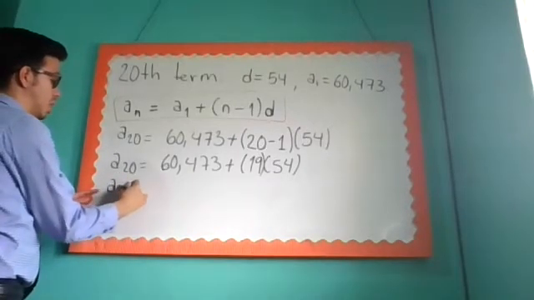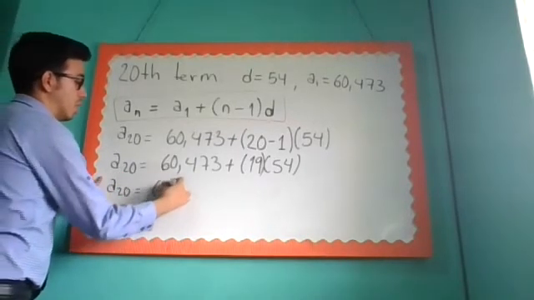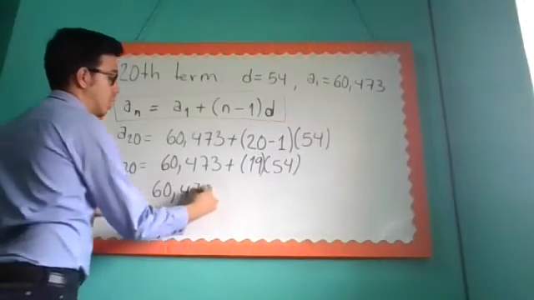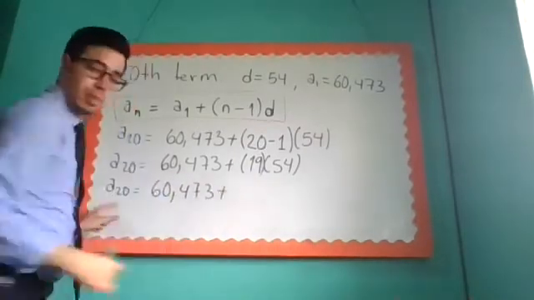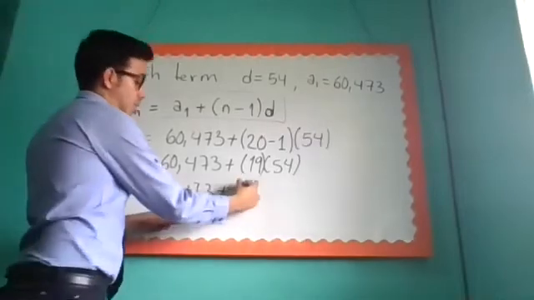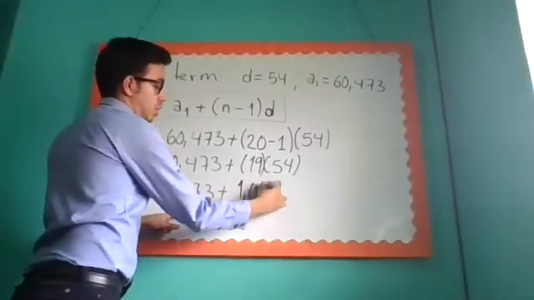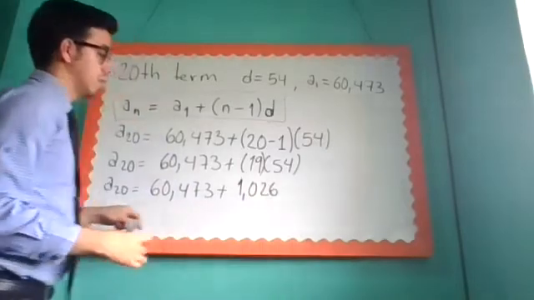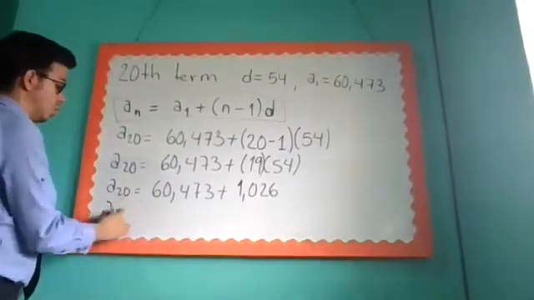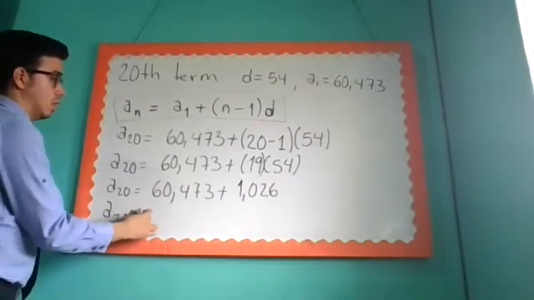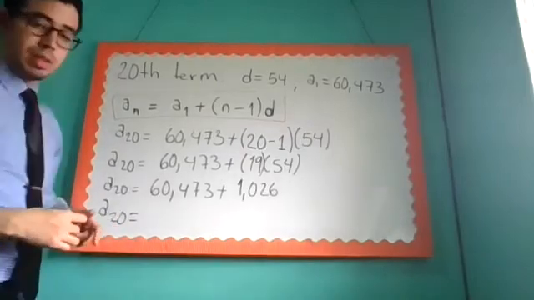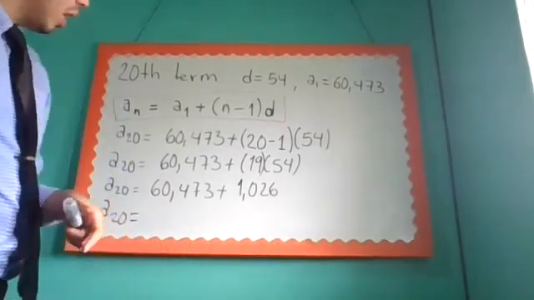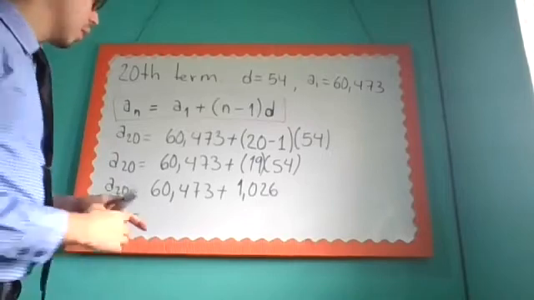So A sub 20 is 60,473 plus 1026. A sub 20 is equal, you only add this here.